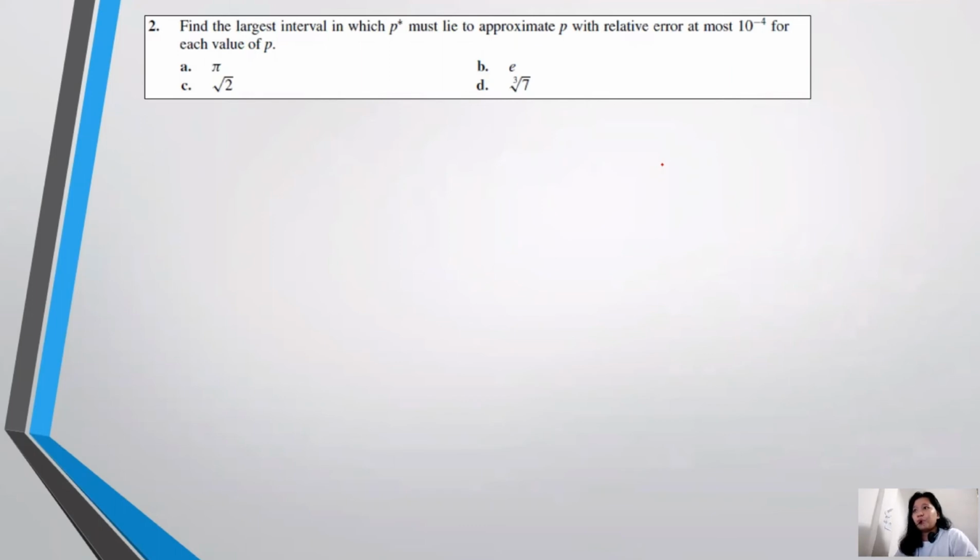So we have four values of P given here. In letter A, P is equal to pi.